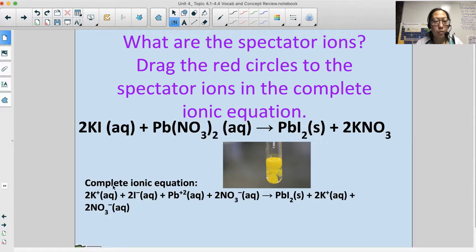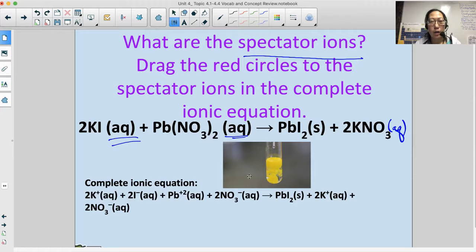So here's our complete ionic equation here. 2K plus, 2I minus. You can see I've broken up all of the aqueous substances into there, and this should be aqueous. Okay, that should be aqueous. I don't know why that disappeared there. But the solid we keep together. So what are the spectator ions?